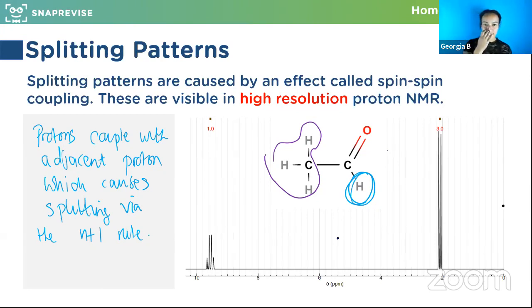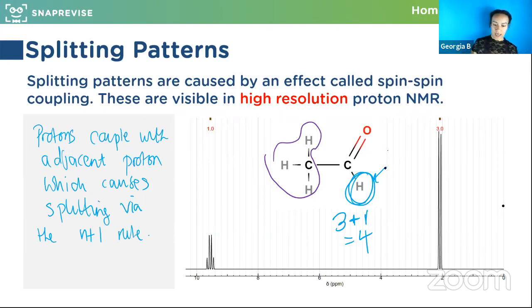Just wait. Okay, so the blue hydrogen is adjacent to 3 other hydrogens. According to the n+1 rule, we take those 3 other hydrogens that it's adjacent to and add 1, and that gives us 4, which means the peak for the blue hydrogen is going to split into 4 little peaks rather than just being one tall peak.